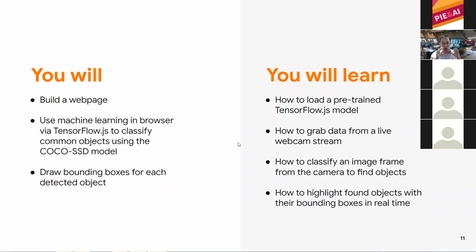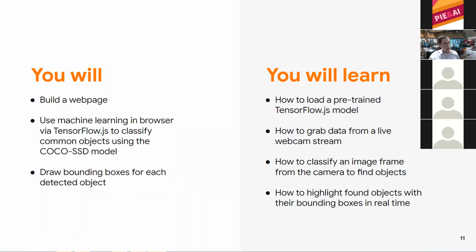So build a web page, and also use machine learning in the browser via TensorFlow.js to classify some common objects using the Coco SSD model, and also draw a bounding box for each detected object. To do this, you will learn how to load a pre-trained TensorFlow.js model, and how to grab the data from a live webcam stream.